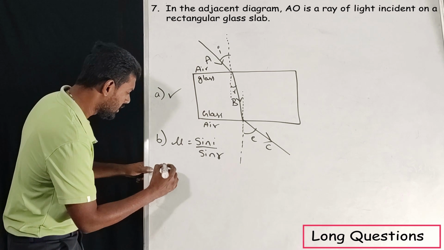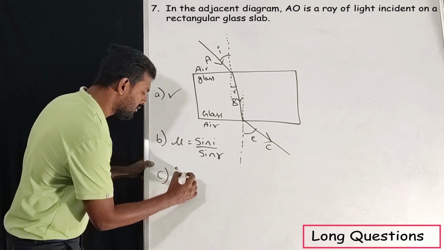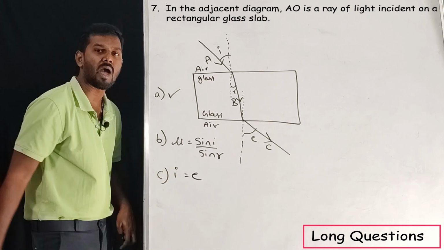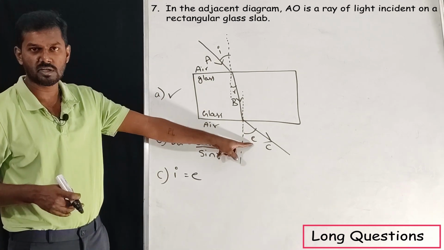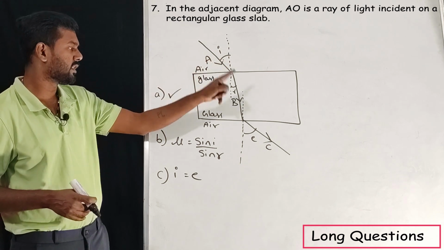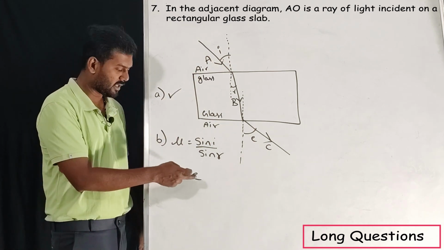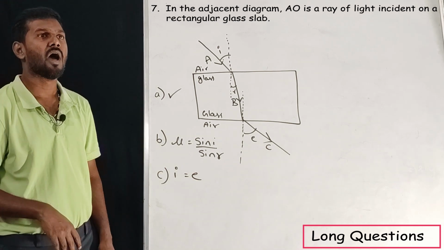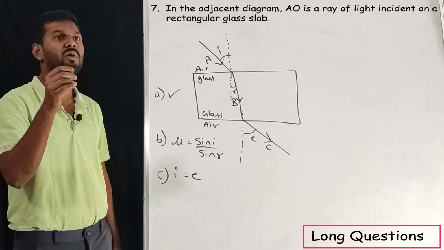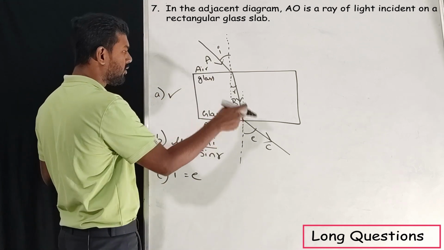And how are the angles of I and E related? See, here this is about question C. Angle of incidence I is always equal to angle of emergent. Keep this in mind. If this is 60 degree, this will also be 60 degree. If this is 40 degree, this will also be 40 degree. Keep that in mind. Angle of emergent is equal to angle of incidence. Next, which two rays are parallel to each other? See, this one. And one more thing you have to do.